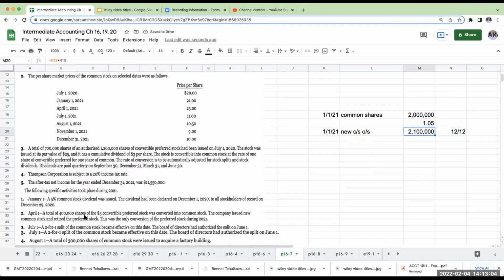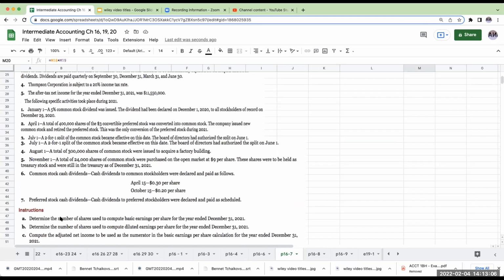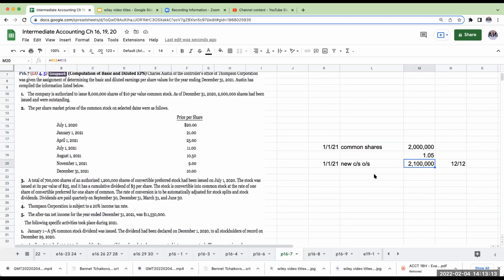So when we're getting to our first question, which is determine the number of shares to use for basic earnings per share, just remind yourselves that stock that's outstanding as of the beginning of the year is going to be different than that which is issued in the interim period.